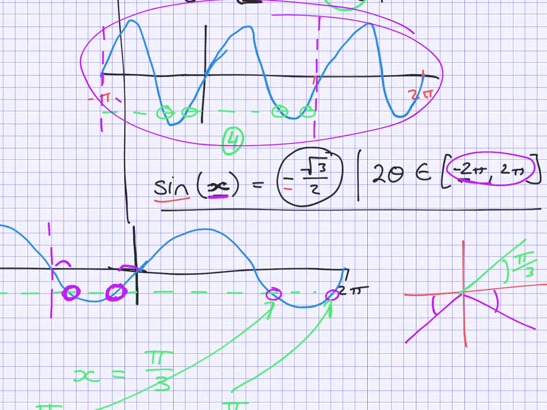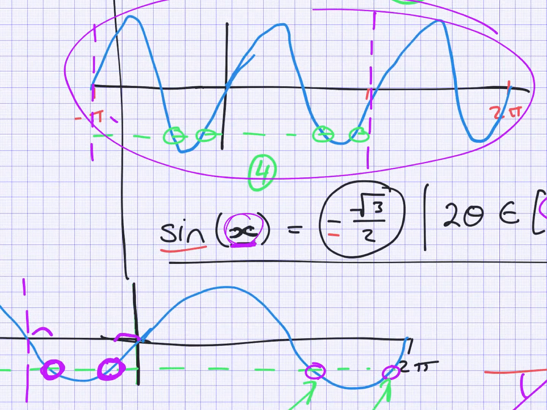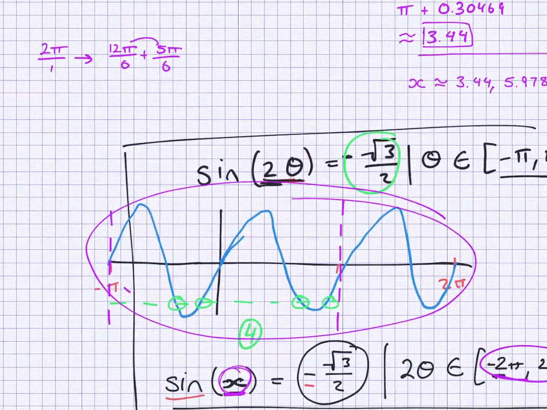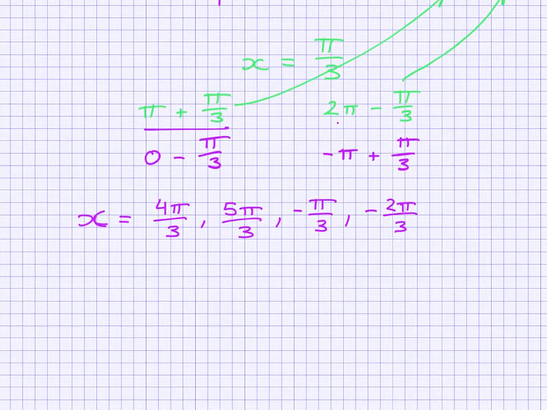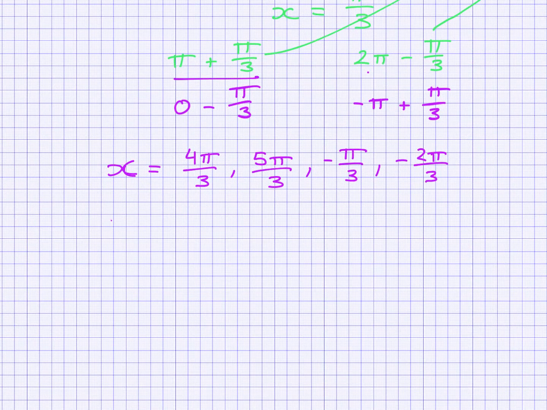You'll notice up here that x was the angle we substituted in place of 2 theta. So now I have to bring that back. Instead of x, I need to know what theta equals. To find theta, I would just divide each of these by 2. Dividing each of them by 2, the shortcut is to double the denominator.